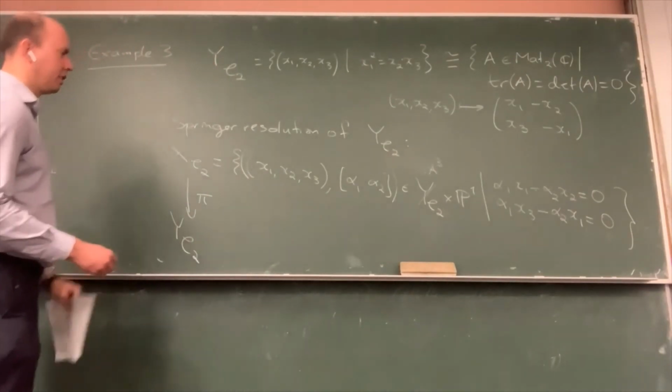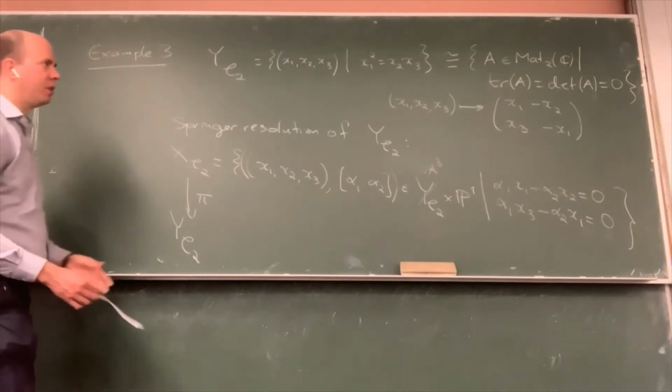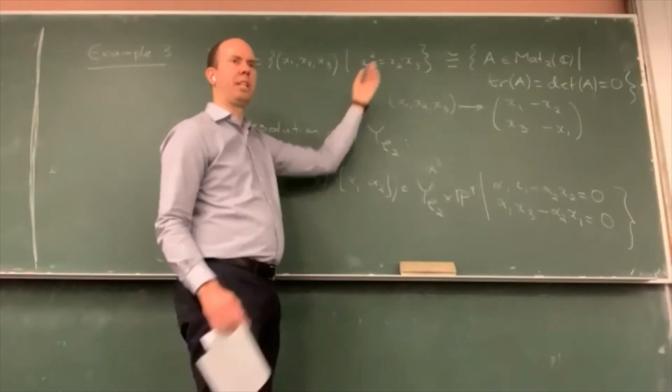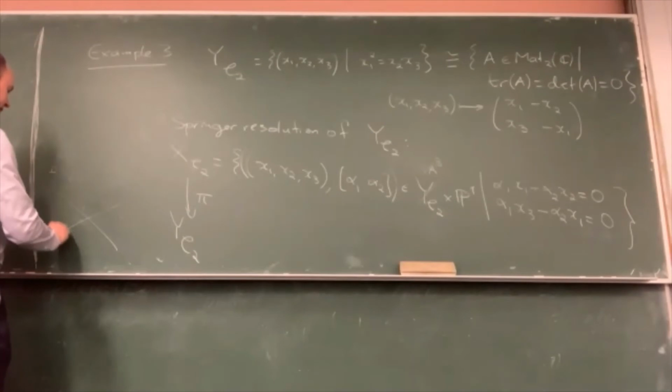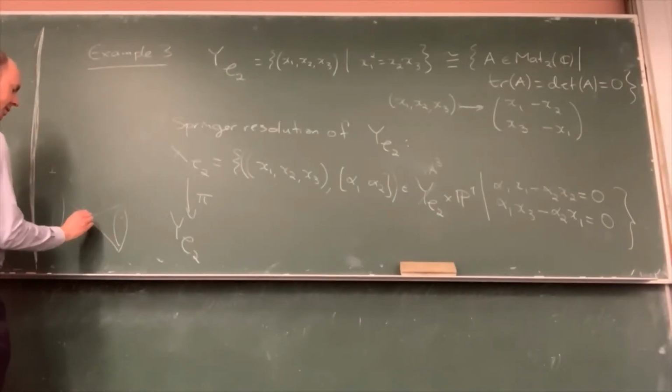So the picture of this Y C2 is some sort of cone. At least if you took the real points of this variety, it would actually be a genuine cone. So picture this Y C2 as something like this, a singular surface with singularity at the origin.